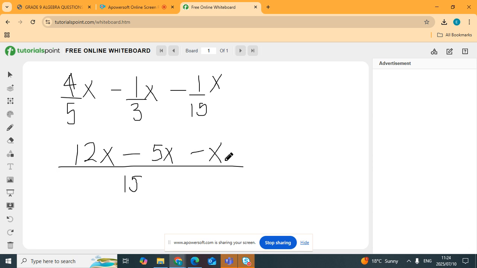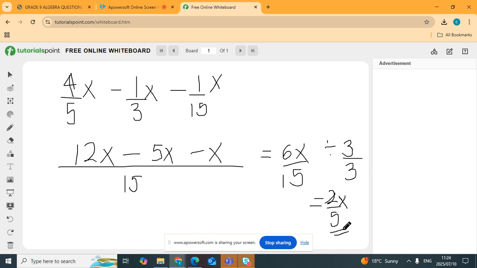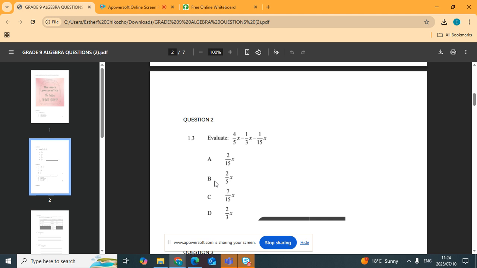Now, 12x minus 5x minus x gives you 6x over 15. Make sure that you reduce it to the lowest terms. And how do you do that? You divide it by 3 over 3. Then you end up with 2 over 5x. So now this is the answer. Your answer in this case is going to come from B.